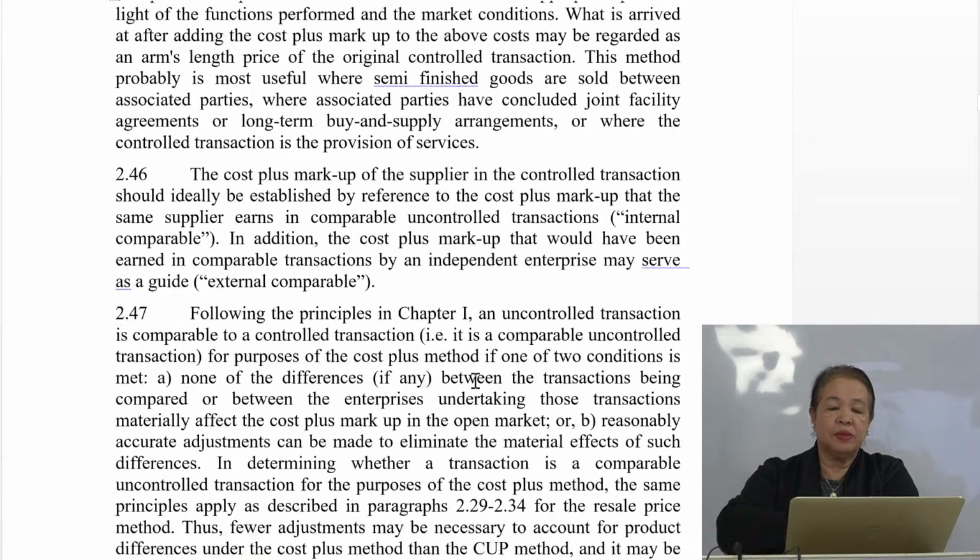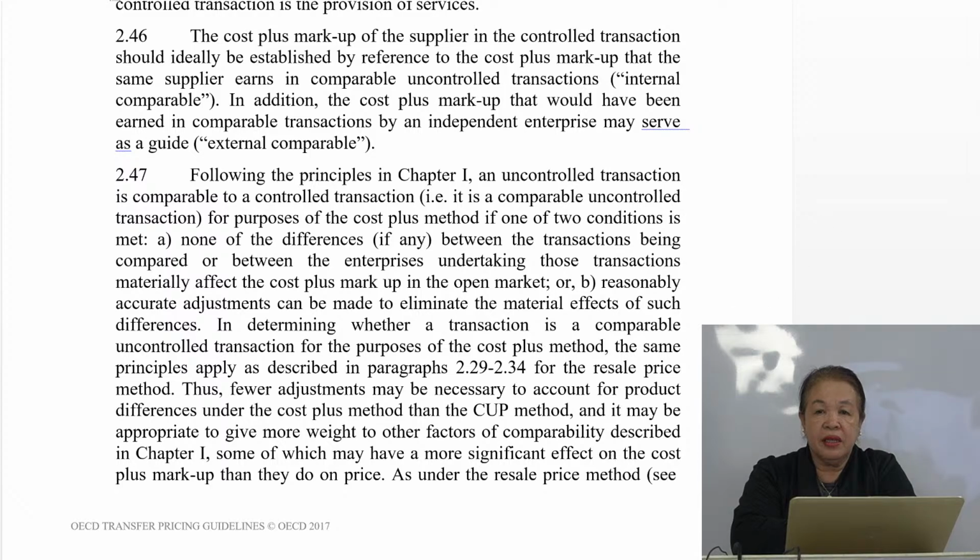The cost plus markup of the supplier in the controlled transaction should ideally be established by reference to the cost plus markup that the same supplier earns in comparable uncontrolled transactions, or the internal comparable. So in addition, the cost plus markup that would have been earned in comparable transactions by independent enterprises may serve as a guide, or the external comparable. No?